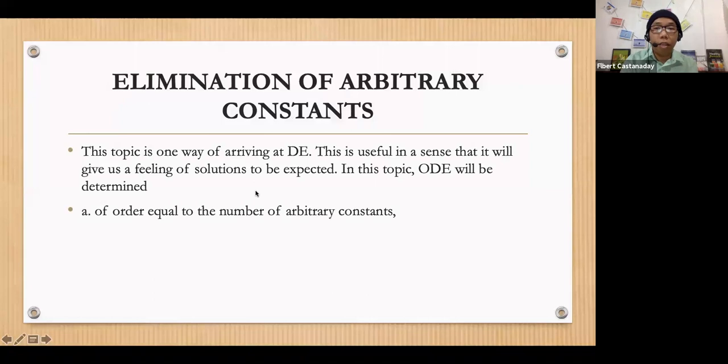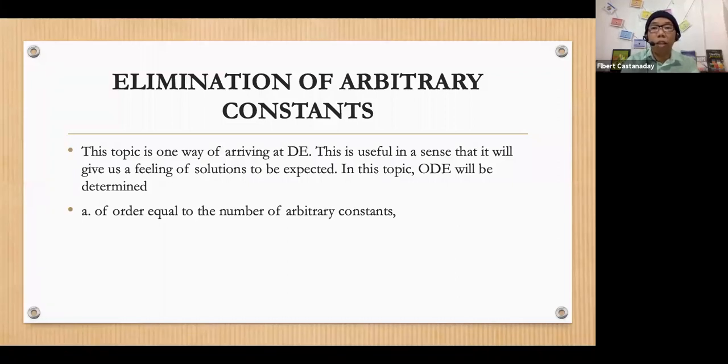The first criterion for your differential equation: if you're given a relation or a function with an arbitrary constant, the order of the differential equation that we are looking to obtain depends on the number of arbitrary constants.